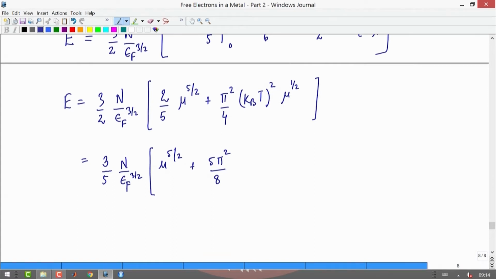Okay. So, this is multiplied to kT square into mu raised to half.